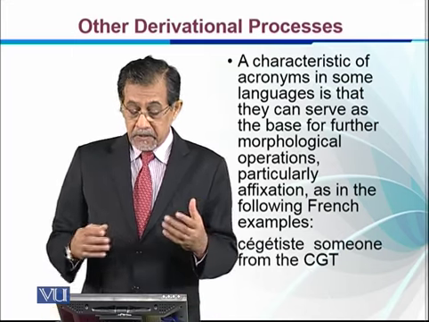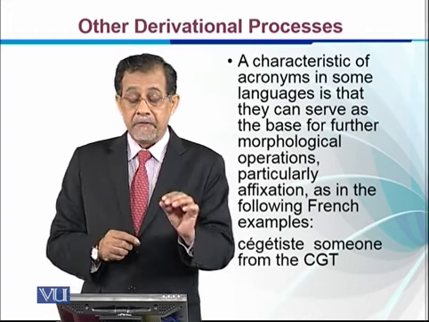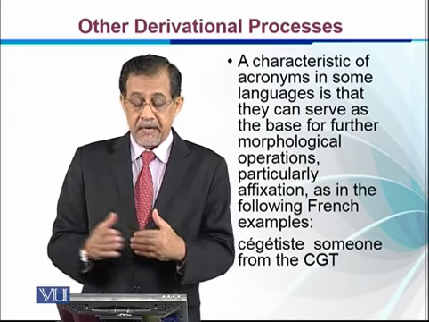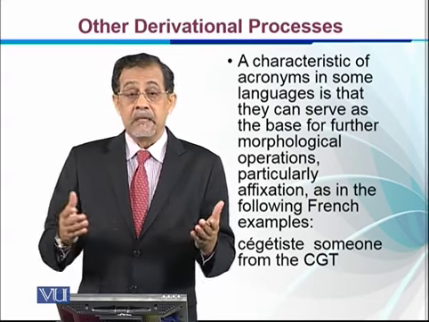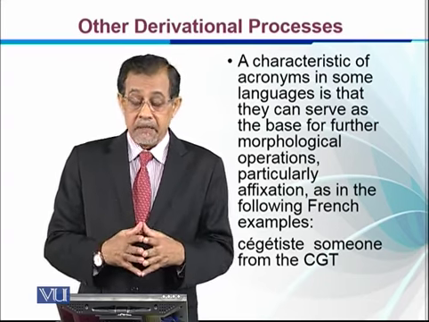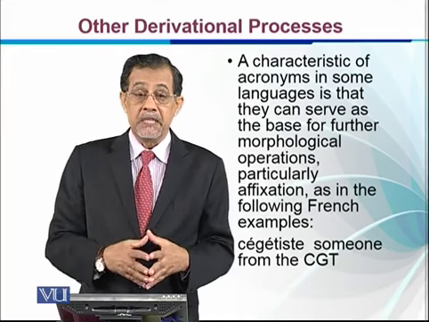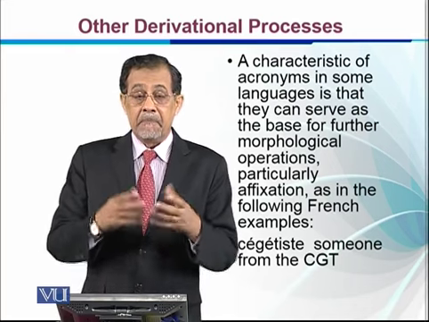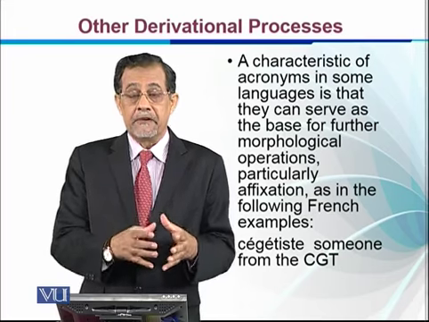So CGT serves as the main morpheme or base, and then affixes are added to it to make a word like cégétiste. This word is obviously pronounced better by the French people. But you can see how, by using the acronym, they have made a word by attaching affixes to it.